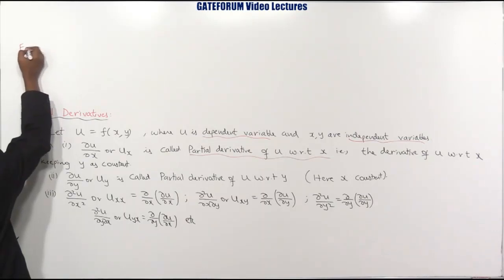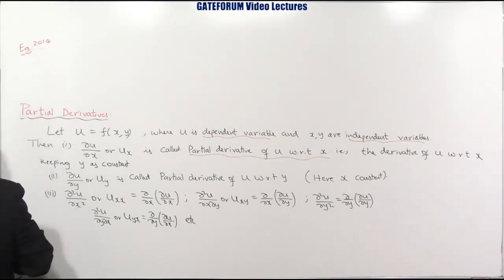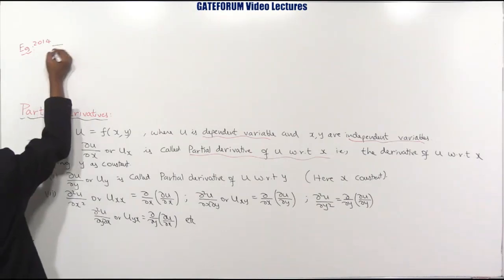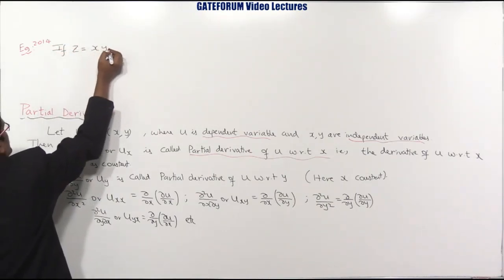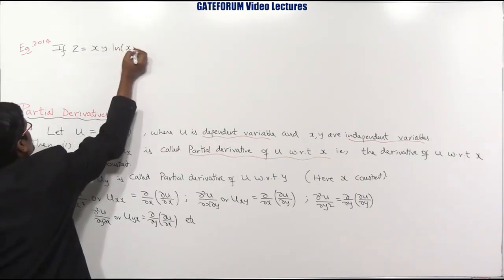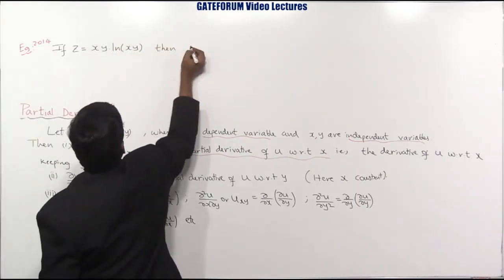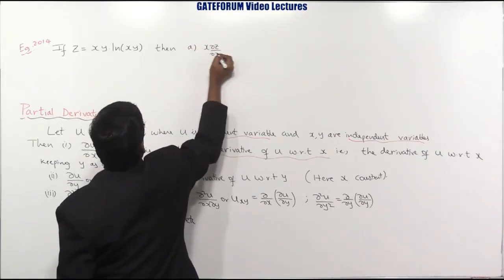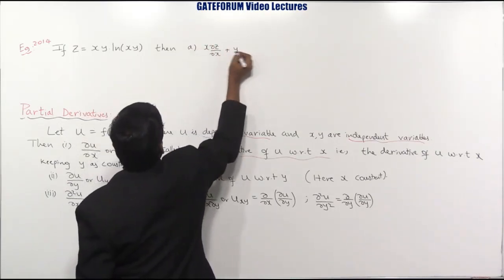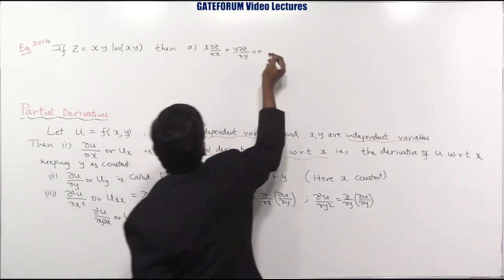Example, 2014, 2 marks. If z is equal to xy into log of xy, then option A, x ∂z/∂x plus y ∂z/∂y is equal to 0.